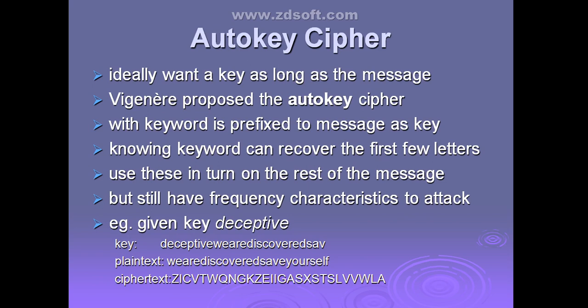To make it more secure, after the keyword, the plain text itself is attached to make it the same length as the plain text. This is what is called the autokey cipher.